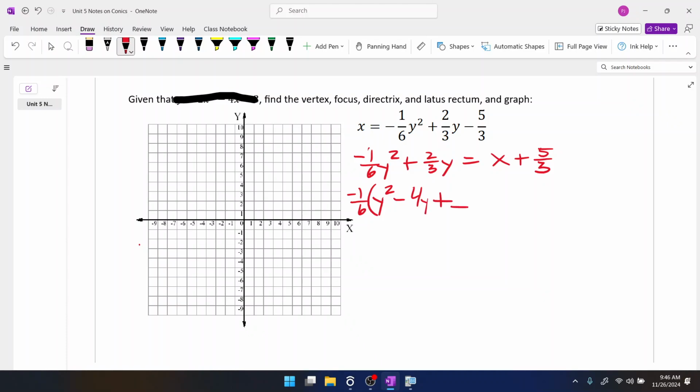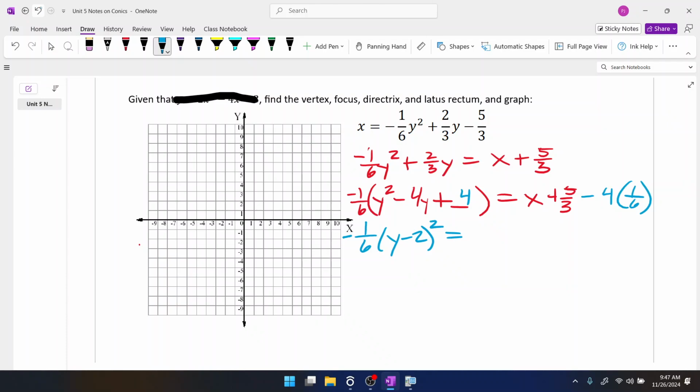And you're going to add something to both sides on this. And yeah, it looks kind of scary here, but you're going to add 4 here, and minus 4 times 1/6. So you have negative 1/6 times y minus 2 quantity squared equal to, well, let's see here.